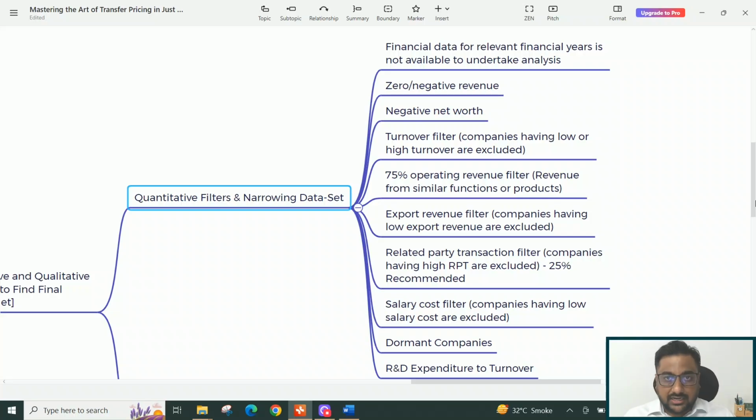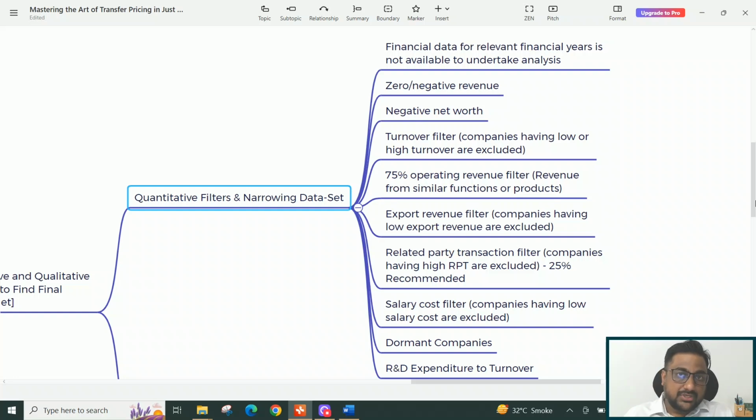Along with each company you will also get its financial numbers. There could also be situations where, in that data set, there is a company name but no financial data available for that company in the database we are using. That is where you need to filter it out, that is, exclude those companies from your final data set.